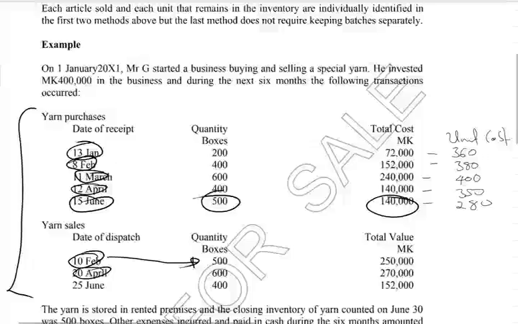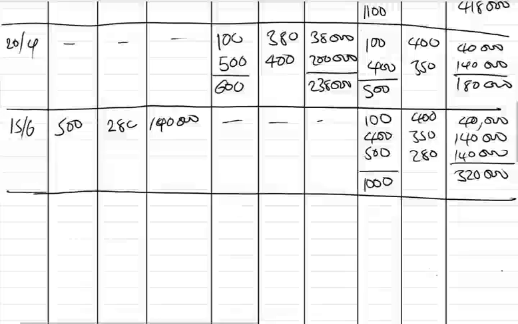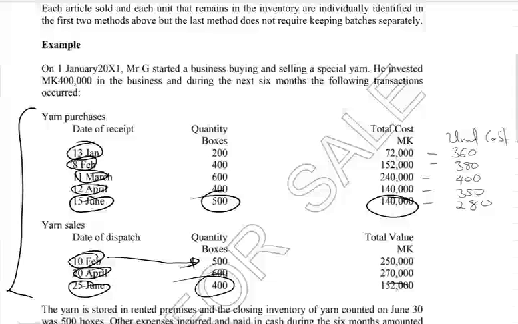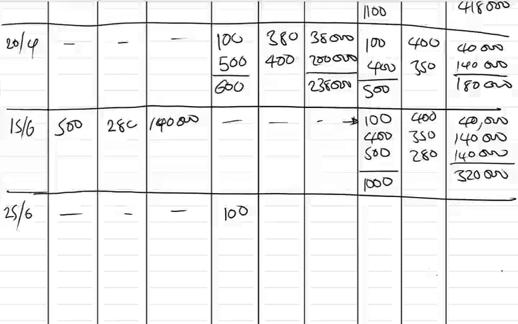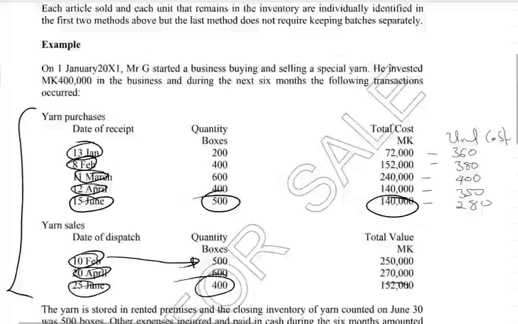Now, let us look at the last activity, which is on 25th January, when they actually sold 500 boxes. So we're saying on 25th January, there was no receipt, but there was an issue of 500 boxes. We'll start with the ones that were in first. So we'll start with the 100. Then the 400 will come from the 300 rather, because how many are there?